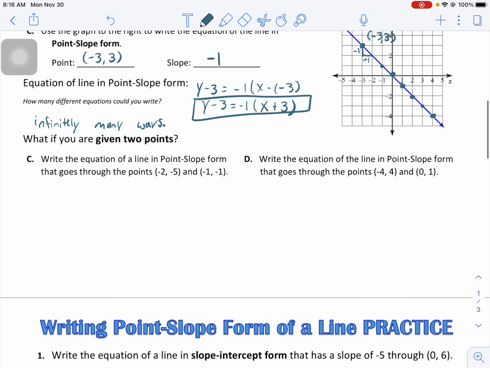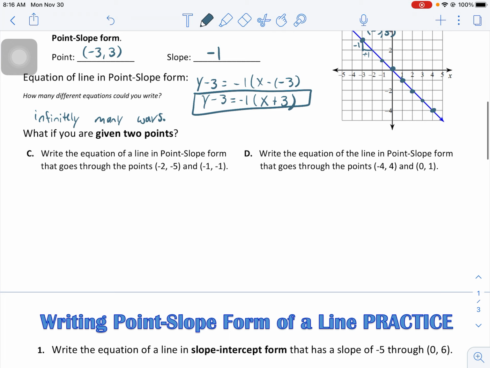What if you're given 2 points? Write the equation of a line in point-slope form that goes through these 2 points. Well, if we have 2 points, right, what's the one aspect we're missing for point-slope form? We're missing a slope. Okay, so we're going to have to find it. So we need y2 minus y1, so negative 1 minus negative 5, divided by x2, which would be negative 1 minus negative 2.